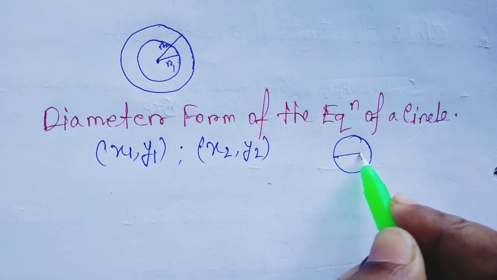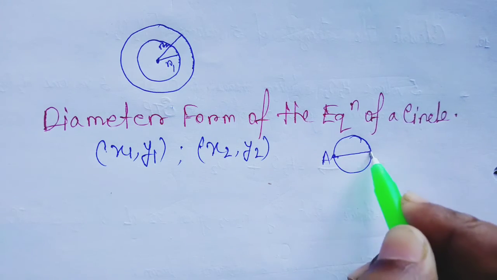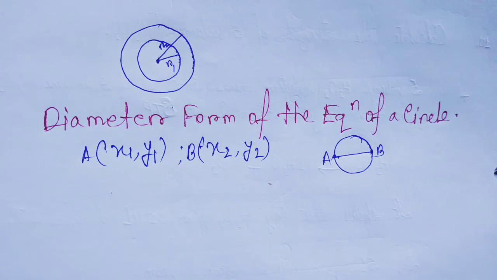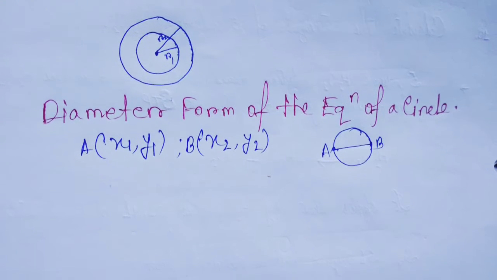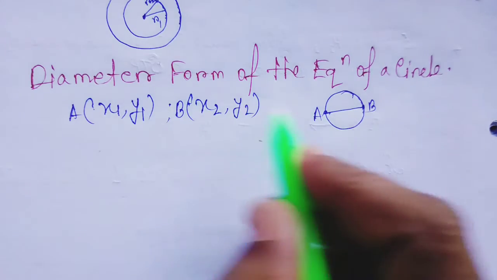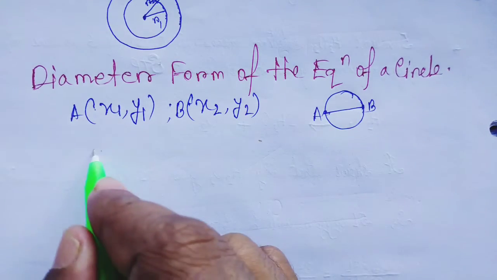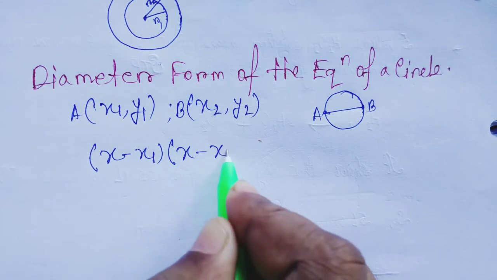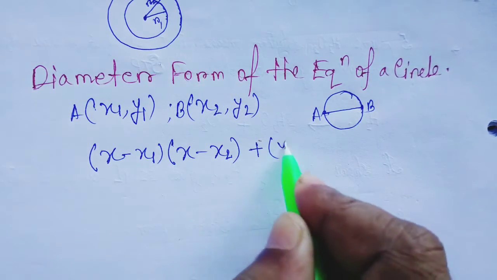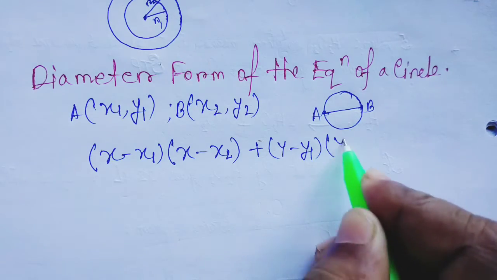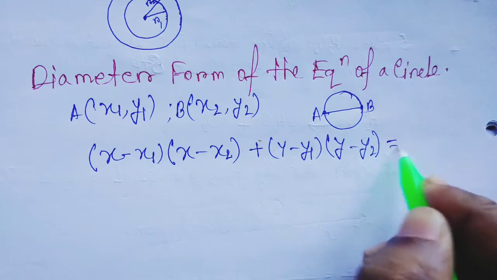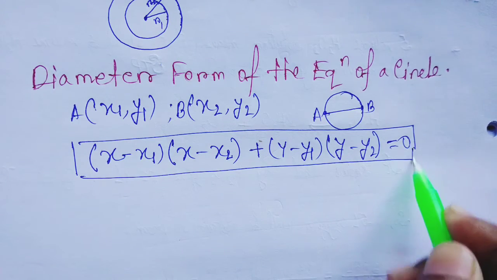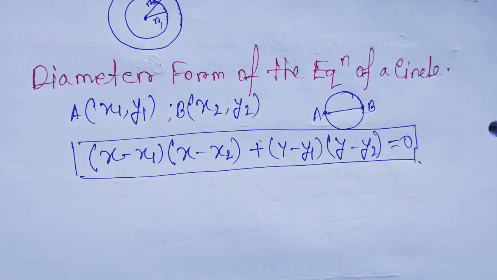Think that here is A and here is B. Now the equation of the circle drawn on this diameter will be (x minus x1) into (x minus x2) plus (y minus y1) into (y minus y2) equal to 0. This is our formula. Understood everyone?